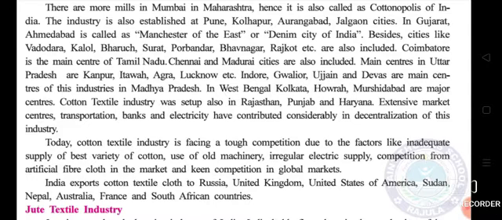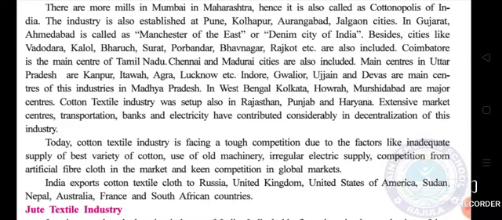Use of old machinery is also one of the problems, and also irregular electricity supply. Proper electricity supply is not there. Competition from artificial fiber cloth in the market and keen competition in the global market. These are some of the tough competition and problems we are facing.